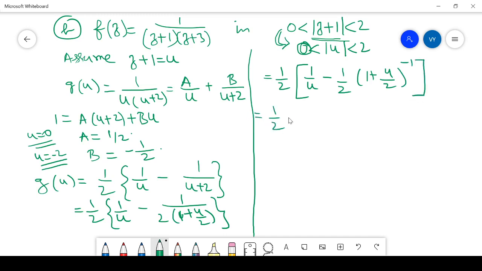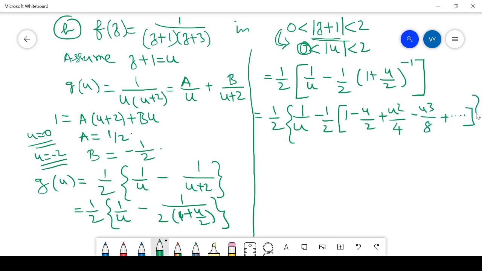And when I expand this using the binomial expansion, I'll have 1 by 2 times (1 minus u by 2 plus u squared by 4 minus u cube by 8 plus so on). And this is valid only when mod u by 2 less than 1, binomial expansion. So now I will replace u with z plus 1.